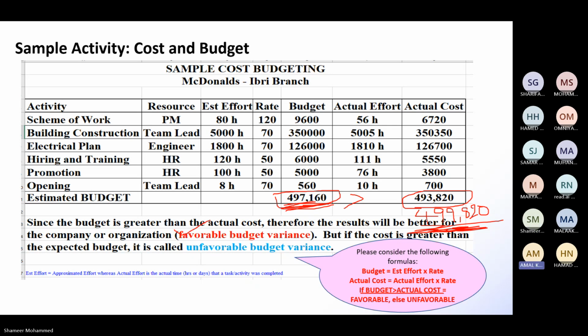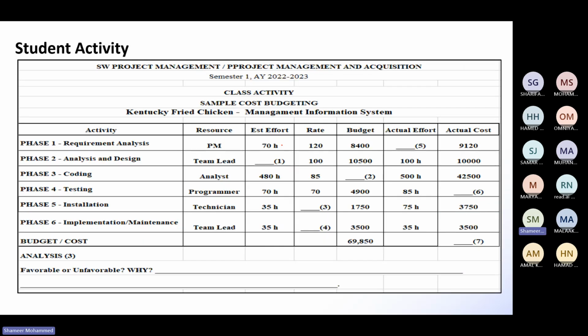Okay, it's not favorable, so unfavorable, because it's more than the budget. Your actual cost is very high compared to the calculated budget cost. Initially you calculated this amount, but when you do the work, this is your cost. Based on this formula, you should decide. This is one of the problems.